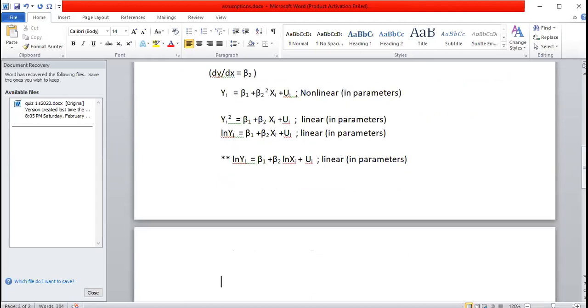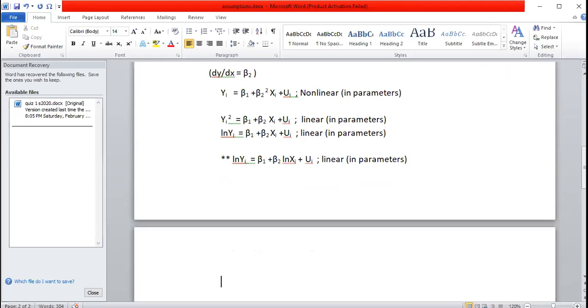A very, very useful meaning. Have you heard of elasticity? Yes, Professor. Okay, so what is the price elasticity of demand? Who can tell me in plain English?